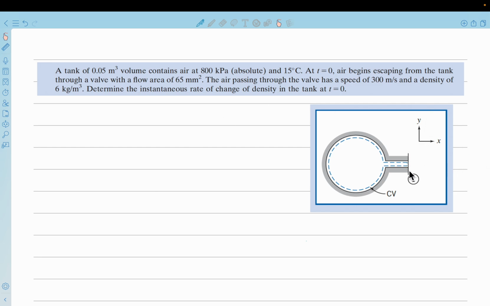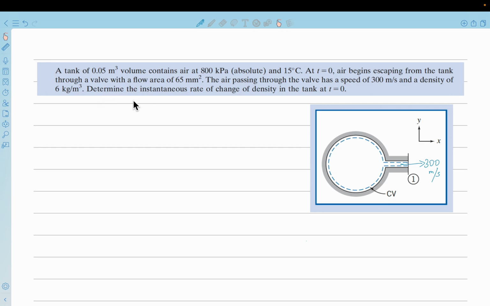So there is a valve over here at location 1, and the area across this valve is given to you as 65 millimeters square. The air passing through the valve has a speed of 300 meters per second. So the flow outwards here is known, 300 meter per second. And density is given 6 kg per meter cube.